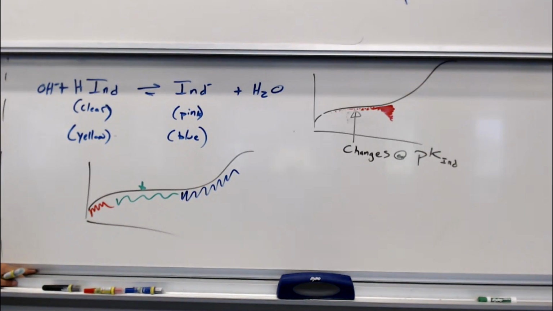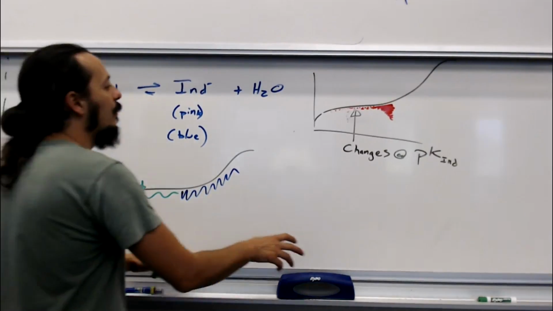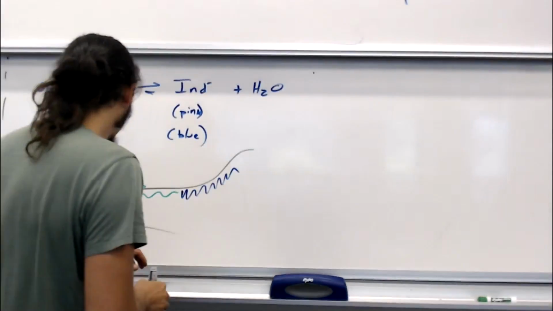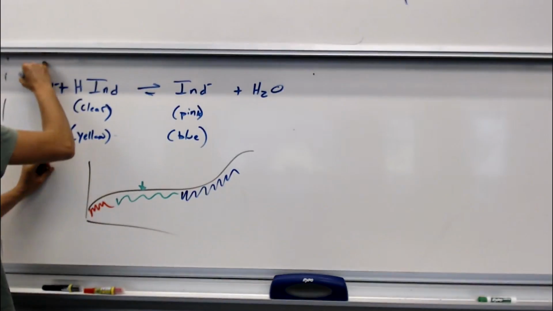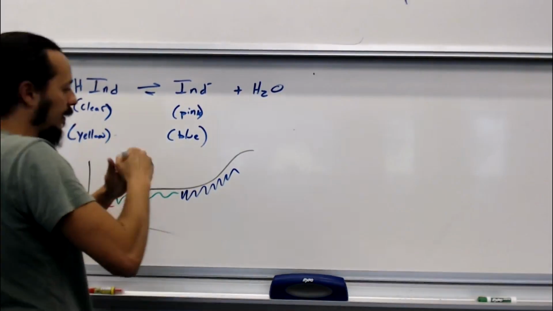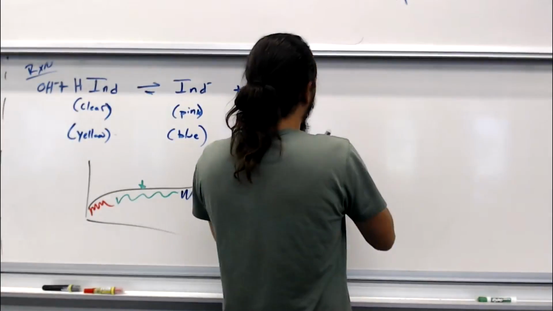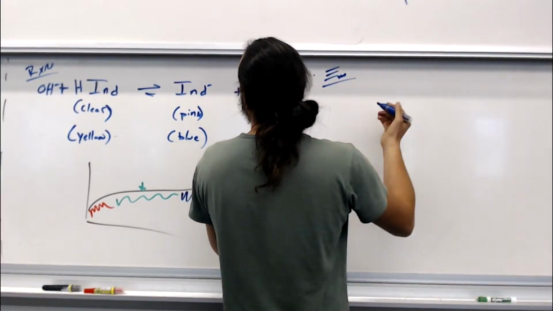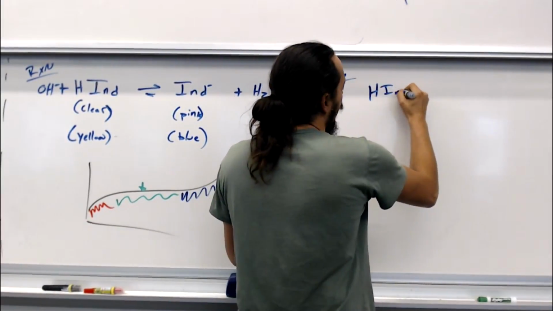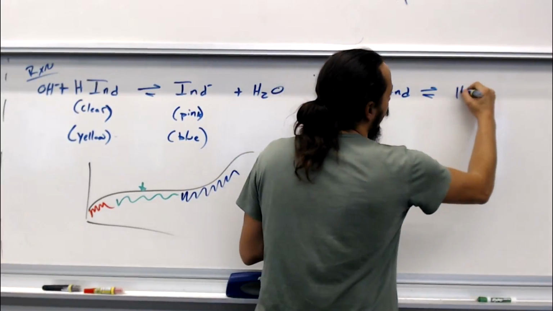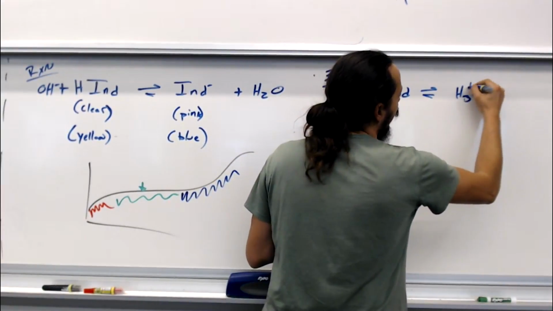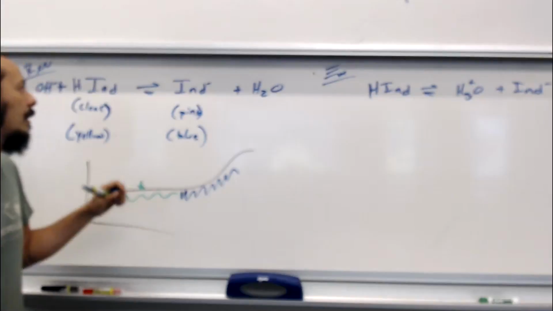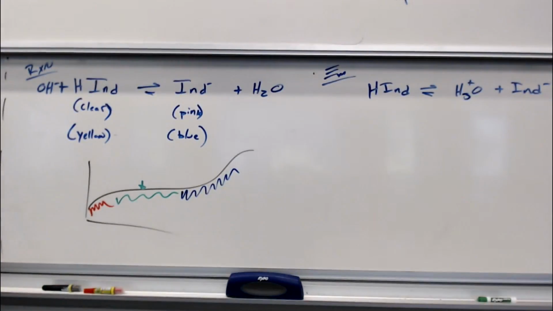Yeah, so keep in mind, another thing to be careful about: this is the reaction step. And then you'd also have your equilibrium step, HIND to H3O+ plus IND minus. And how much this equilibrium step happens depends on the reaction step.